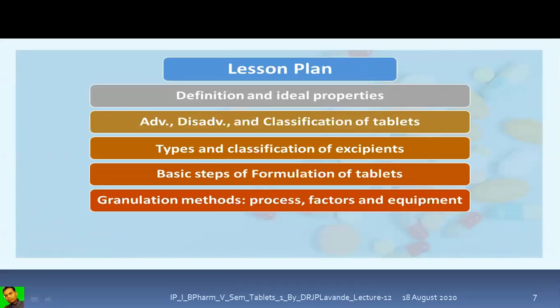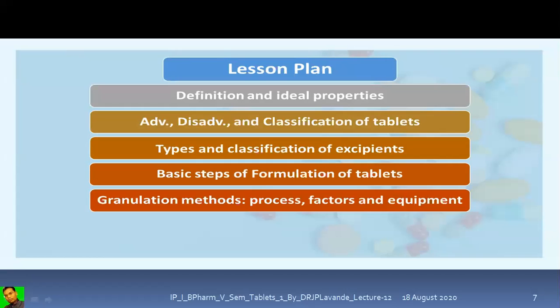For this, the lesson plan will move through these topics. We are going to cover the definition, then ideal properties, then advantages and disadvantages, and classification of tablets. Then we will go through the types and classification of excipients, some of the basic steps of formulation of tablets, and granulation methods.